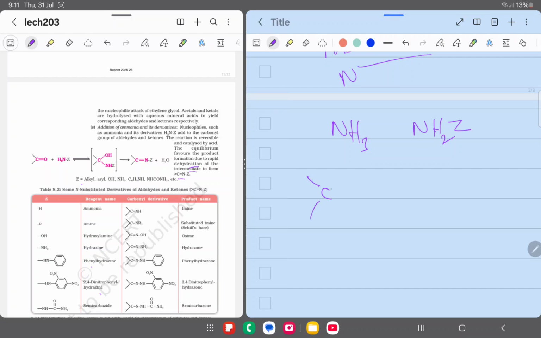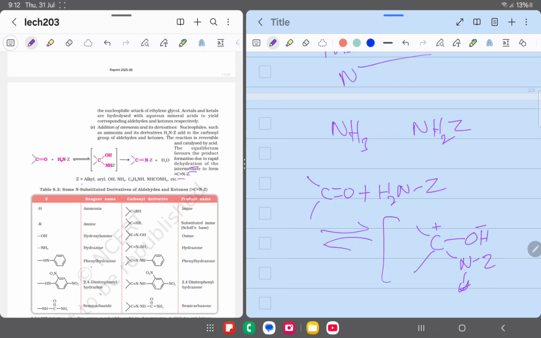So this is C double bond O plus ammonia derivative, so it will give you now C positive charge and O negative. One hydrogen of this will join this, and this hydrogen, NH and Z.